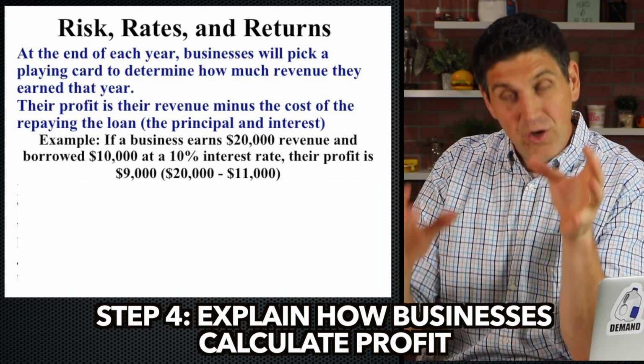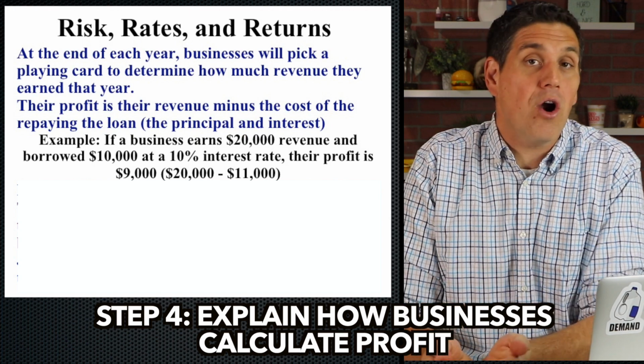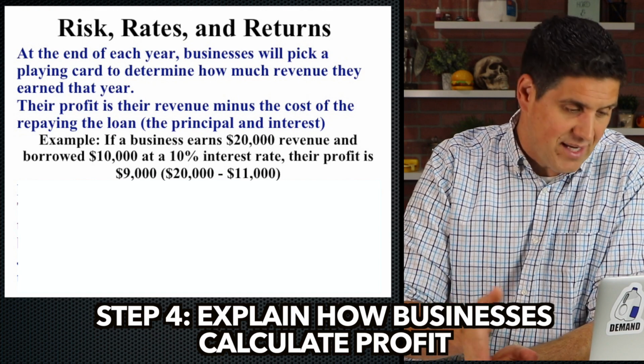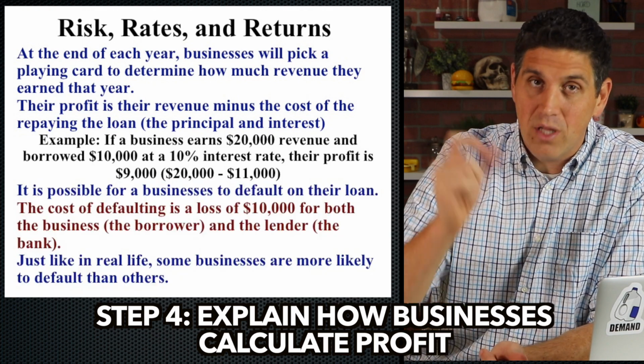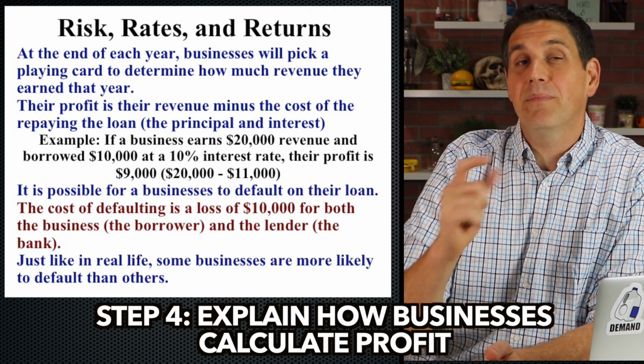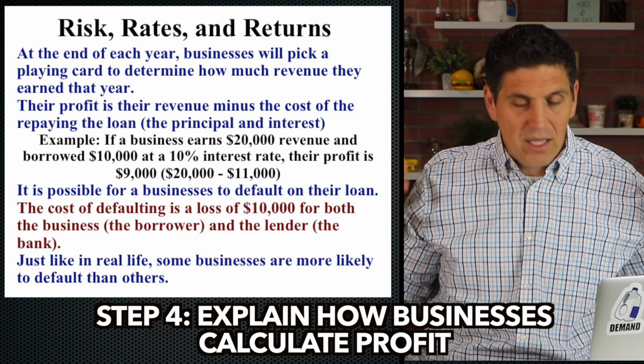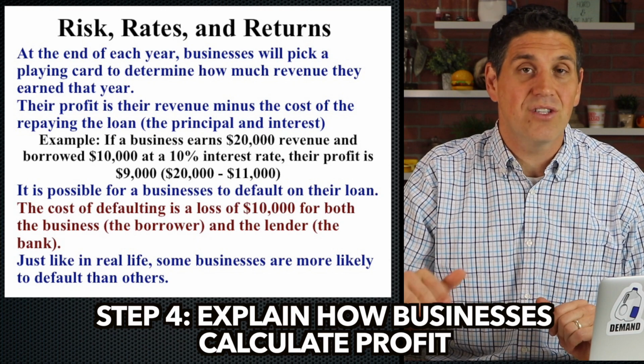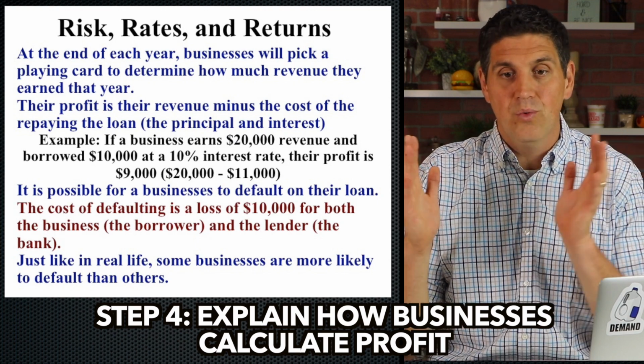Again, the revenue businesses earn is determined by the card that they pick, and the chance of default is worked into the system. If they default on a loan, it's going to cost them $10,000. So even if I borrowed $40,000 or $10,000, it doesn't matter. It's always a $10,000 loss when you default on a loan.